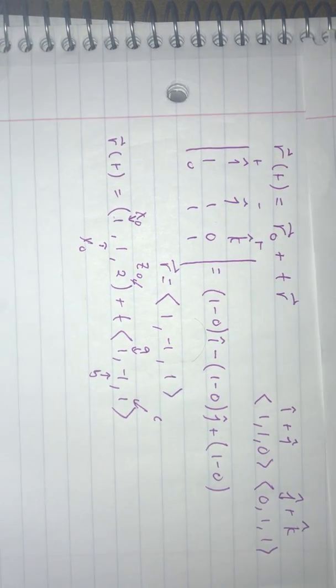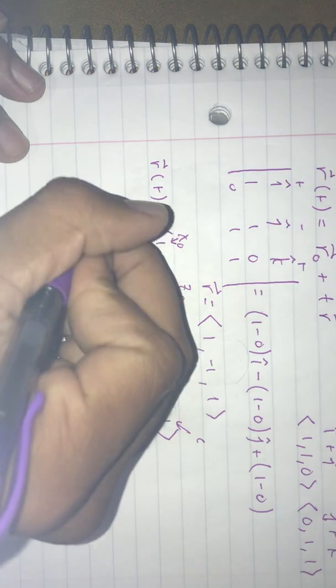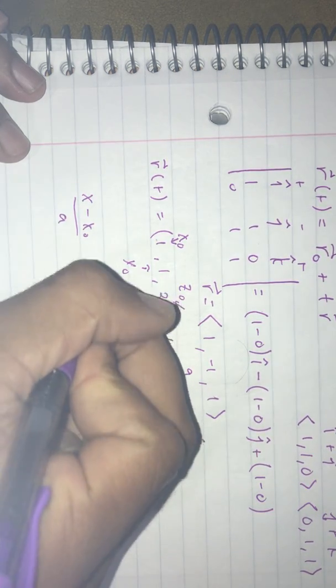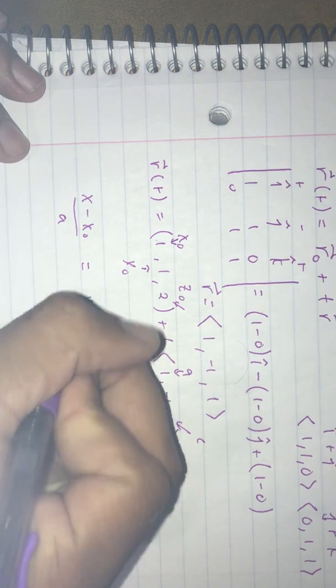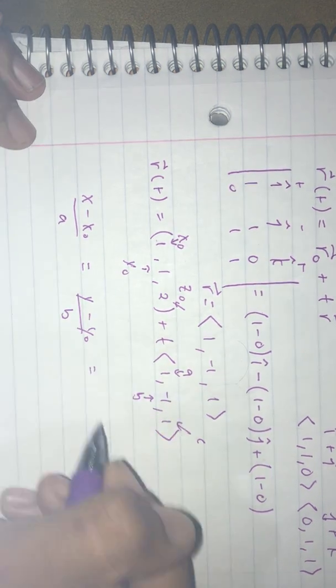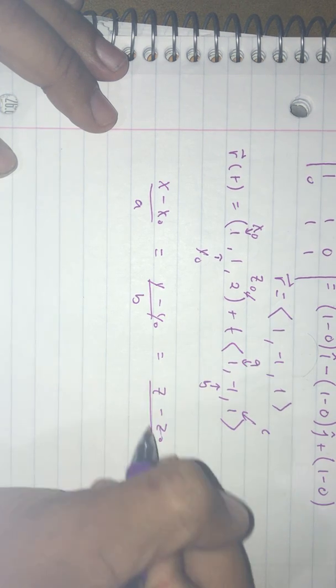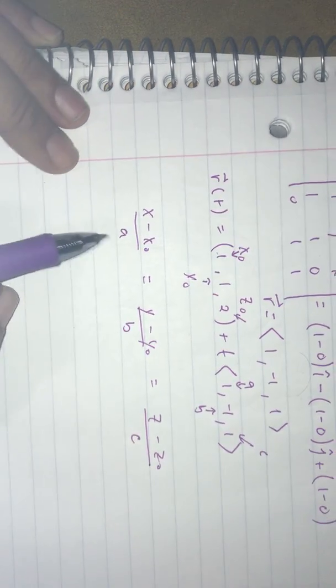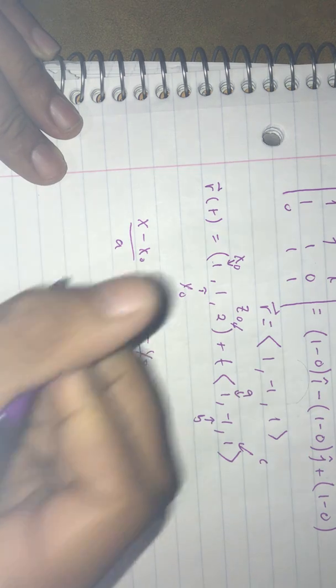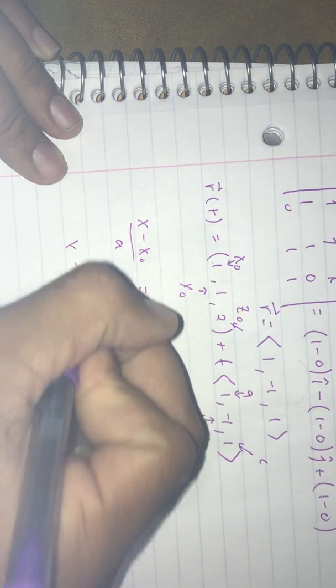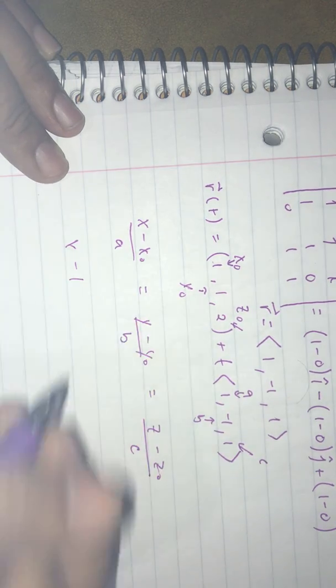So to get our symmetric equations, we're going to take (x minus x naught) over a, set that equal to (y minus y naught) over b, and set that equal to (z minus z naught) over c. So x naught, we already know that it's 1, so (x minus 1) over a, which is 1, so we don't need to put that.